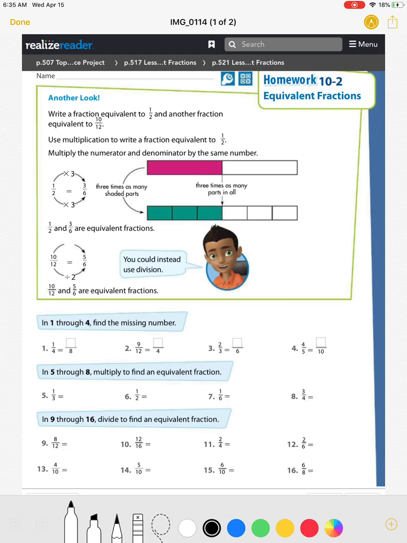So let's look here. What did they multiply 4 by to get to 8? 4 times 2, it looks like. So that means I need to do 1 times 2. 1 times 2 is 2, so 1/4 equals 2/8.